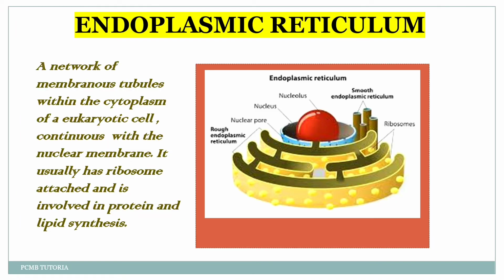Number 1. Endoplasmic reticulum, a network of membranous tubules within the cytoplasm of a eukaryotic cell, continuous with the nuclear membrane. It usually has ribosomes attached and is involved in protein and lipid synthesis.